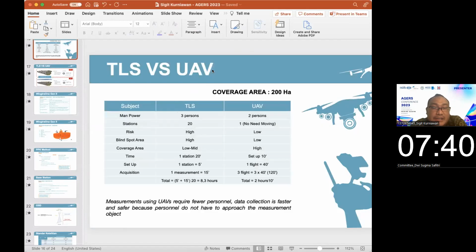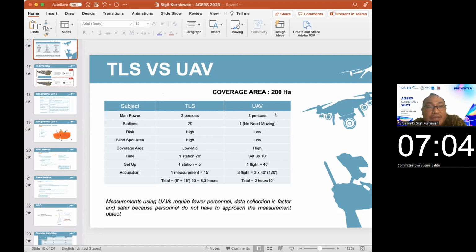We can see here that UAV can make measurement more effective, efficient, and safer. For the terrestrial laser scanner, manpower, we need a minimum of 3 persons, but with UAV we only need 1 or 2 persons.